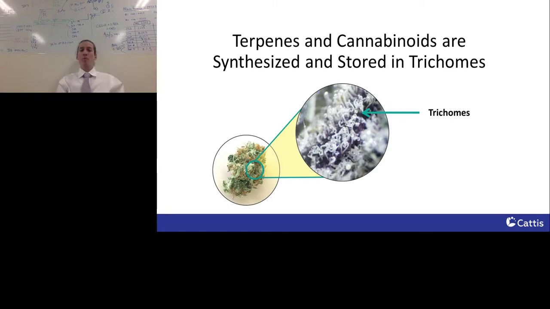And so terpenoids and cannabinoids are synthesized and stored within the trichome. And the trichome is this glandular hair-like structure, as pictured here. And depending how we separate or concentrate that trichome, well, that will dictate what kind of product we make, right? And so there are two different approaches.